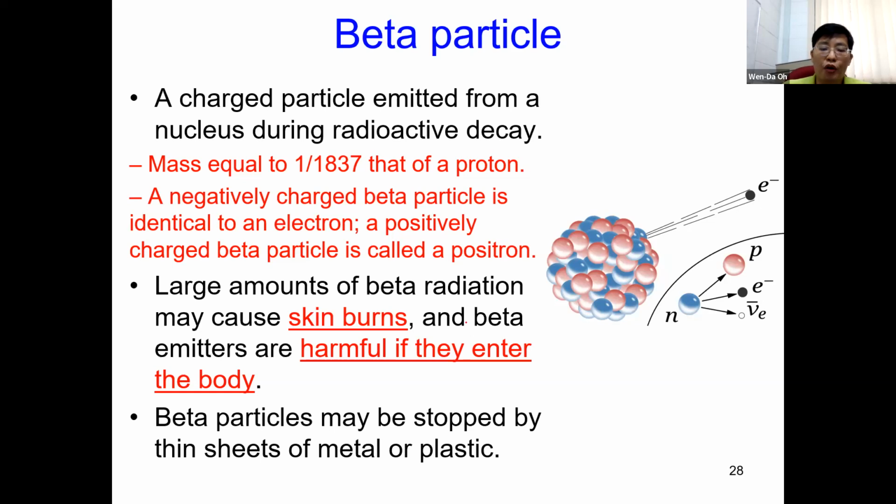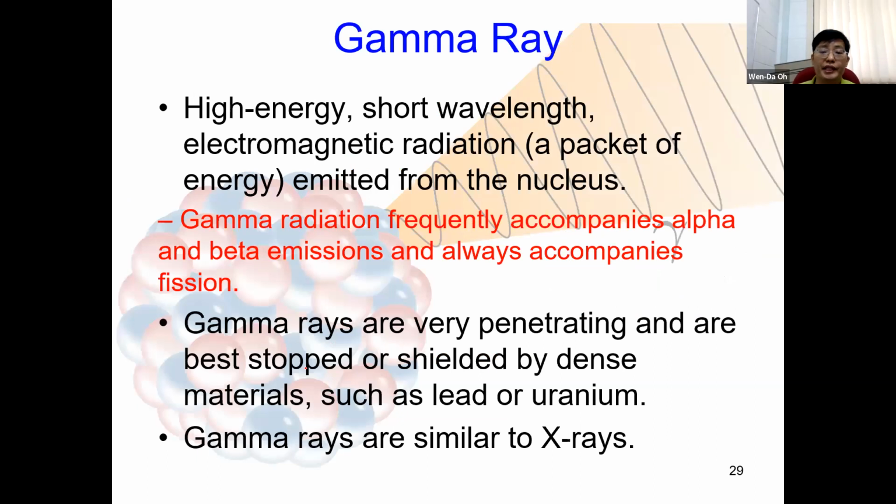This is one of the more energetic radioactive particles, more powerful in terms of its energy, which can cause harm like skin burns, and it is also harmful when it enters our body. Although more energetic, the beta particle can be easily stopped by metal or plastics. It is not as energetic as the most dangerous one, which is the gamma ray.